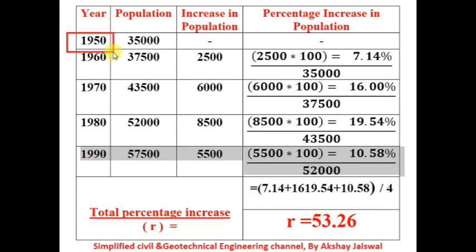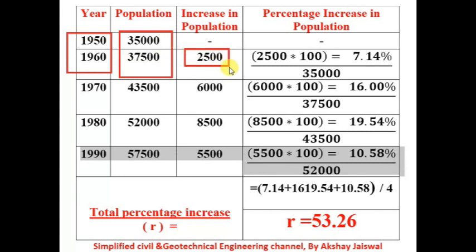Now we need to find out increase in population from 1950 to 1960. So we will take difference between values of population, that is population in 1960 is 37,500 and population in 1950 was 35,000. So increase in population is given by 37,500 minus 35,000.